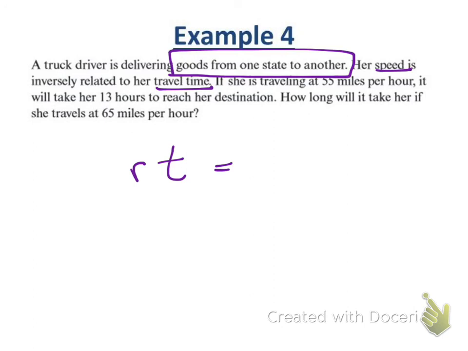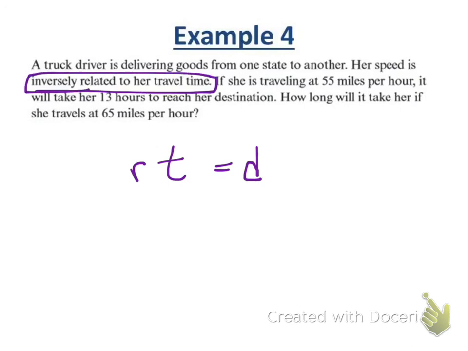So the rate times the time is equal to some distance. How are we going to figure out what that distance is? They tell us that her speed is inversely related to her travel time. So what do we need to do to speed and time? Multiply. Her speed is 55.